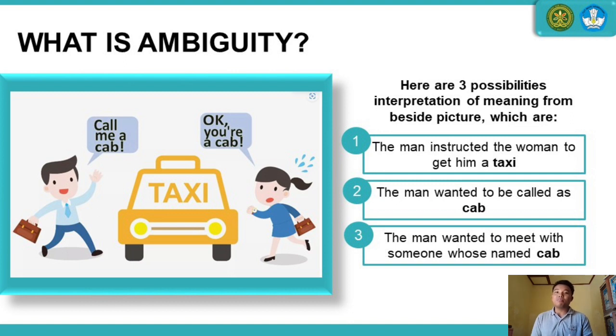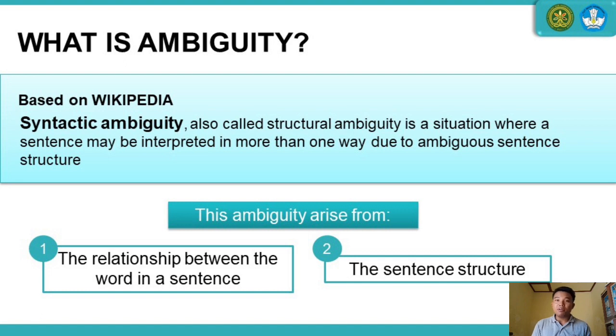Now I'm going to explain the definition of ambiguity that we can take from those examples. Based on the previous example, many meanings can be found and interpreted from just a single sentence in an utterance or conversation. That is actually ambiguity. Furthermore, based on Wikipedia, syntactic ambiguity, or ambiguity in syntax, also called structural ambiguity, is a situation where a sentence may be interpreted in more than one way due to ambiguous sentence structure. The ambiguity arises from two things.